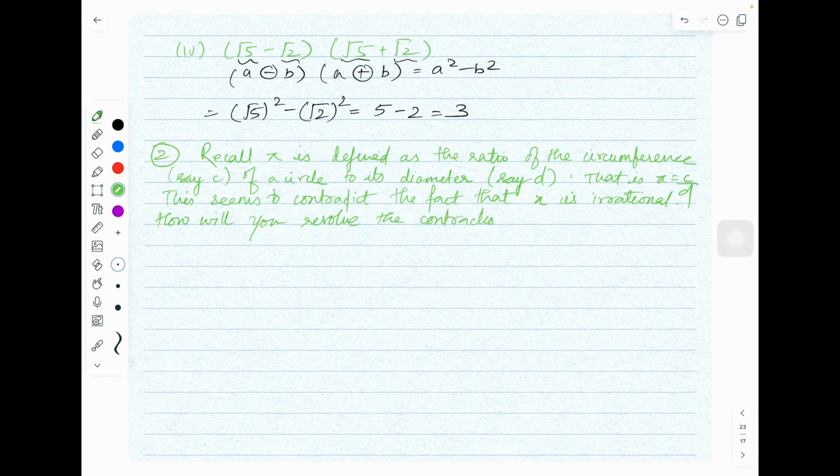See, in the last class also one question was there: 0.9999, the fraction part, was coming as 1. In the decimal expression it was 0.9 and it was continuing, and in the fractional form the answer was coming as 1. Why was it like this? Because of approximation.